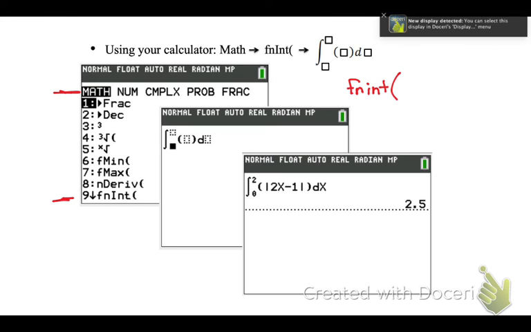You put the function, which was 3x to the 1/2, and remember, put parentheses around that, comma, with respect to x, comma, from what was our lower limit? 1. Comma, what was our upper limit? 4. End your parentheses and enter, and you should get what we got.